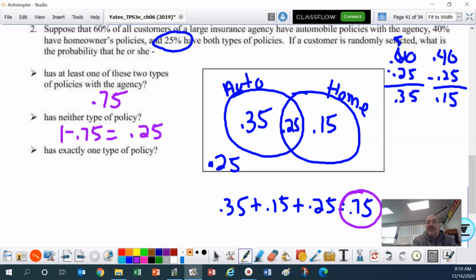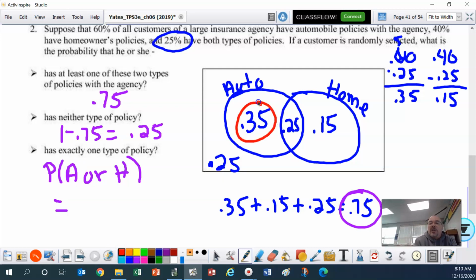Okay, has exactly one type of policy. So the probability of auto or home. Well, folks, auto is just 0.35 and home is just 0.15.